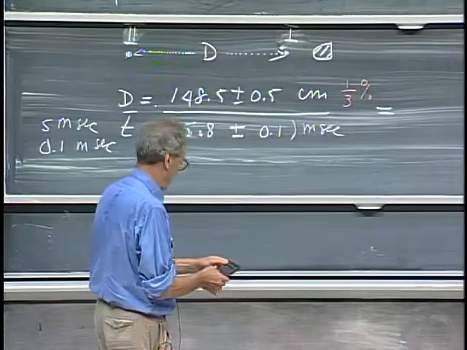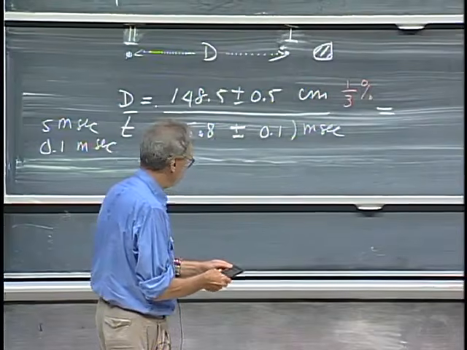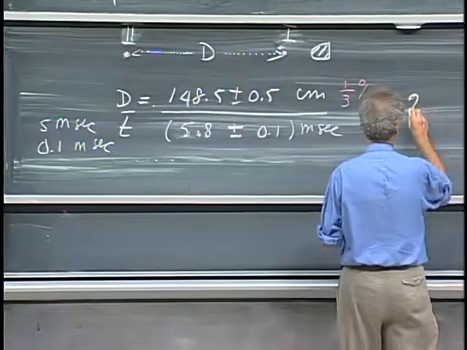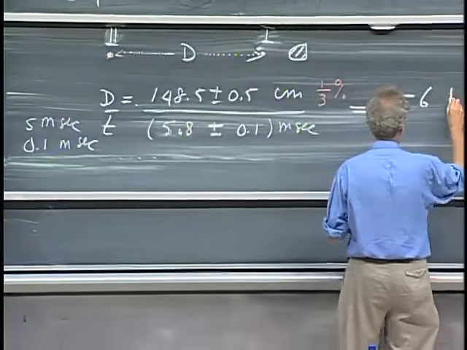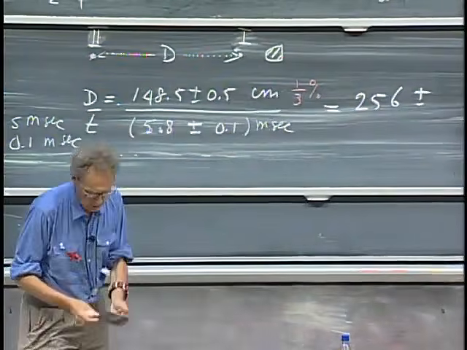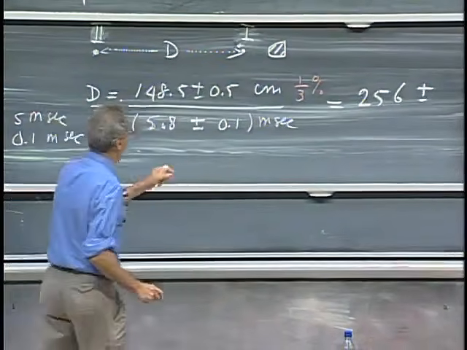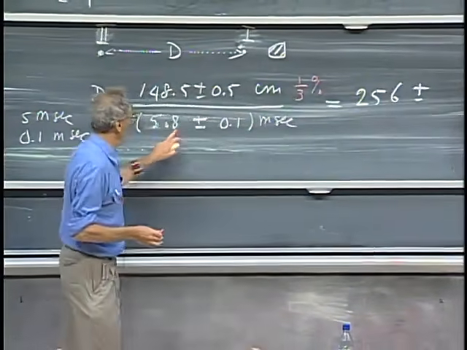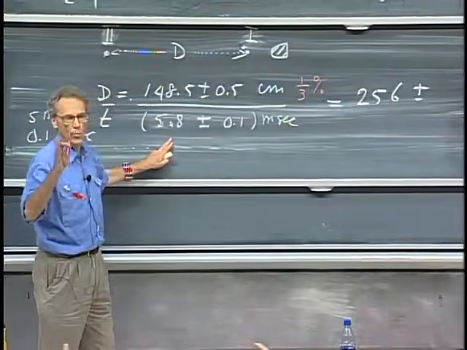148.5, 5.8, and I have to convert it to meters per second. That brings it to 256 plus or minus. Now you come in here with your plus or minuses. This is a 1/3% error. It's negligible compared to this one. 1 out of 58 is about 1.7%.